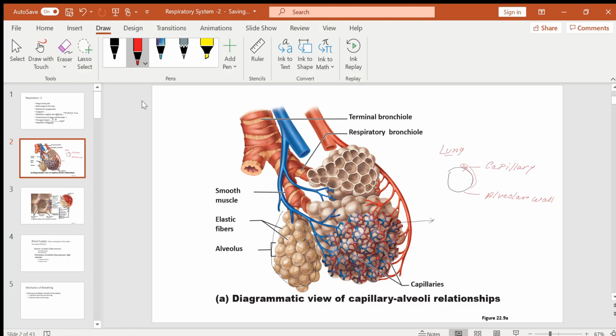So inside the capillary you have the blood that will get oxygen from the alveolus, and always carbon dioxide moves in the opposite direction. So carbon dioxide moves from the capillary blood into the alveolus, and that is the gas exchange in the lung.